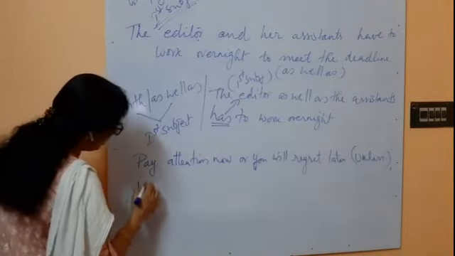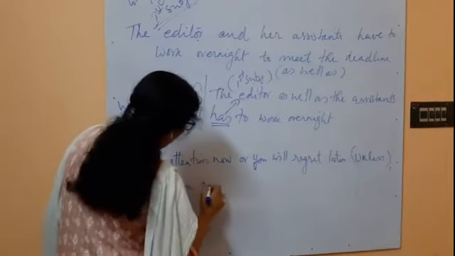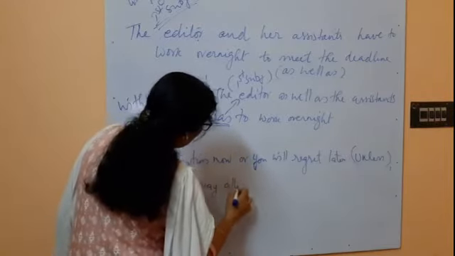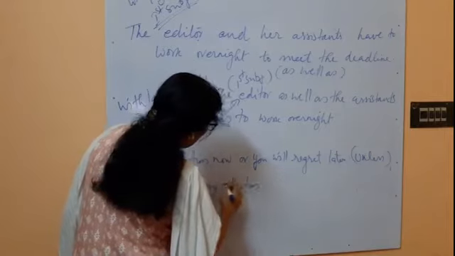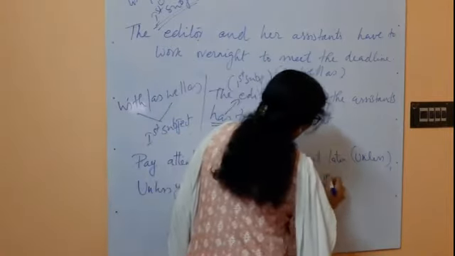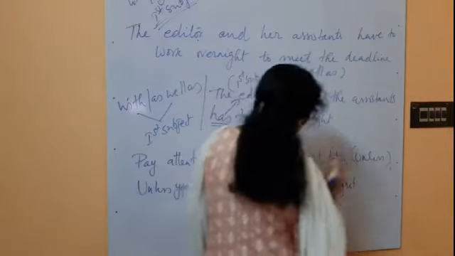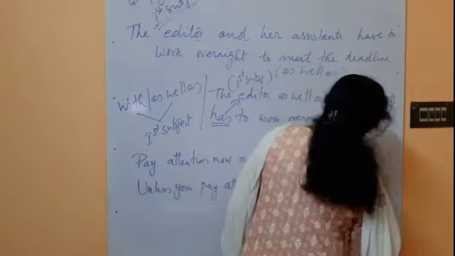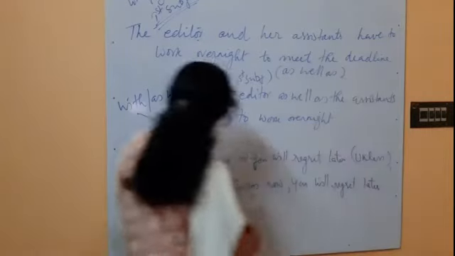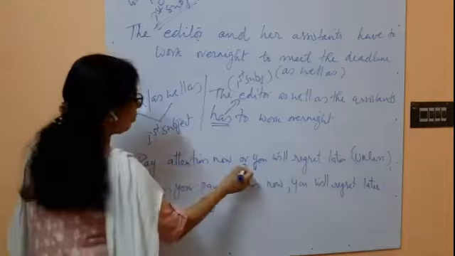Okay, how will you do it? Unless you pay attention now, you will regret later. Comma is very important. When we are rewriting the sentence, here only "or" is used.